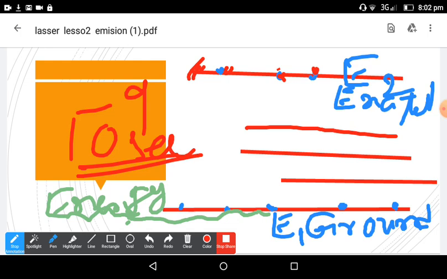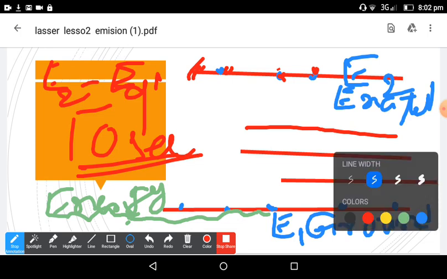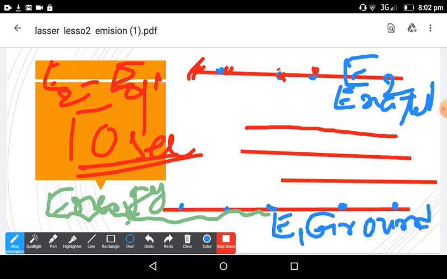This is natural because the excited atom lifetime is 10 power minus 9 second only. They could not stay there permanently. Their life is temporary there. After 10 power minus 9 seconds, they will immediately jump down to lower energy levels. When they jump down from higher energy to lower energy level, the difference E2 minus E1, the difference between the two energy levels, is released as a radiation particle, a photon.